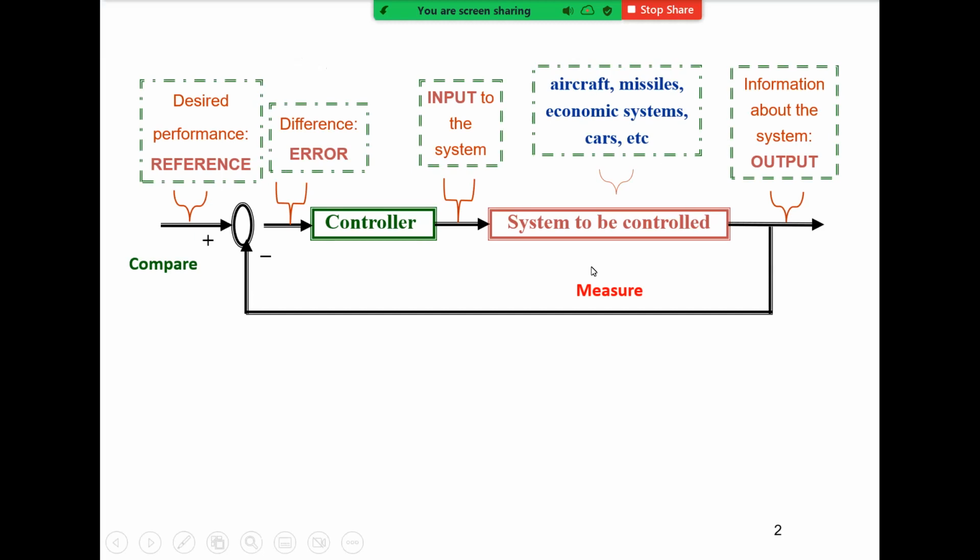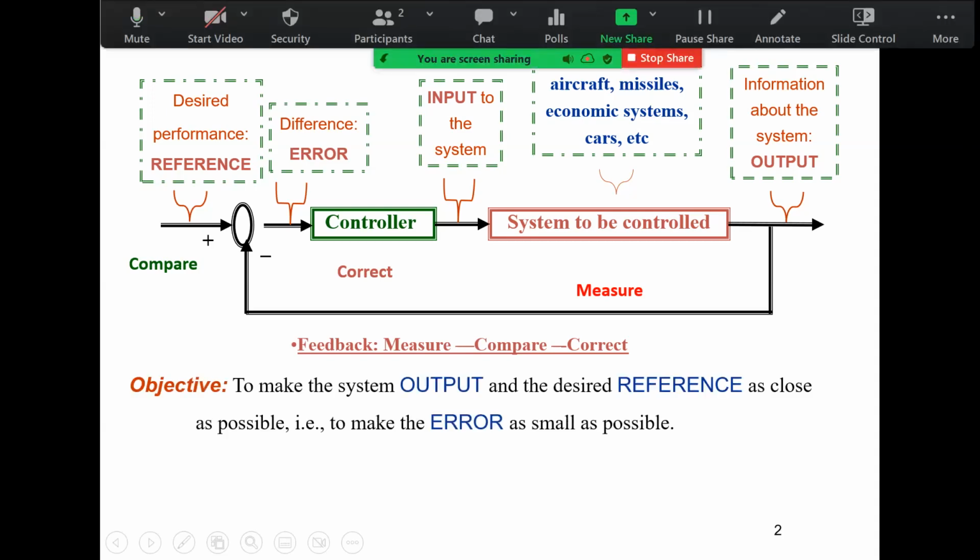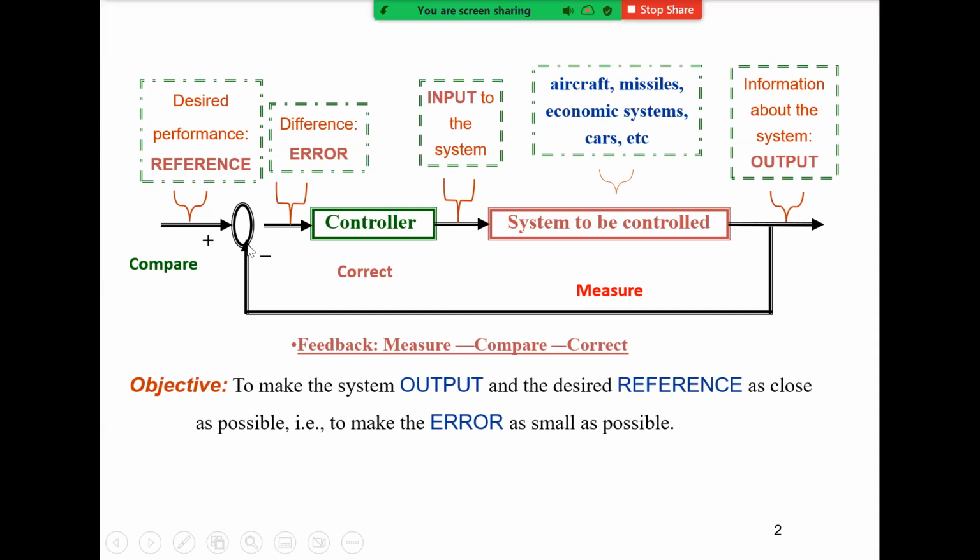The objective of the controller is to minimize the difference between the desired output and the actual output. So feedback is the fundamental principle for controller design. We try to make the actual output follow the desired one. We call it feedback because you have to use a sensor to measure the output.